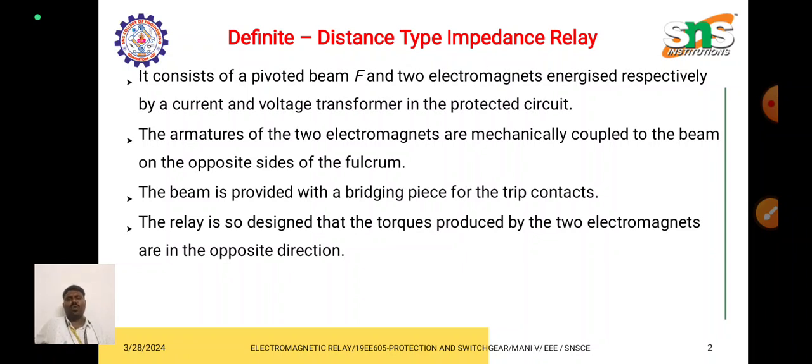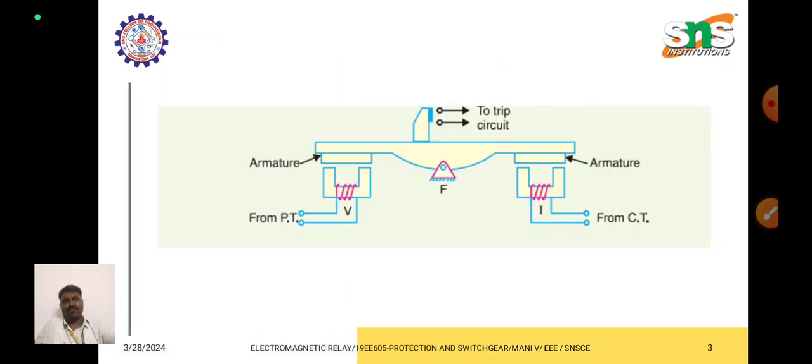The armatures of the two electromagnets are mechanically coupled to the beam on the opposite sides of the fulcrum. The beam is provided with a bridging piece for the trip contacts. The relay is designed so that the torques produced by the two electromagnets are in opposite directions.